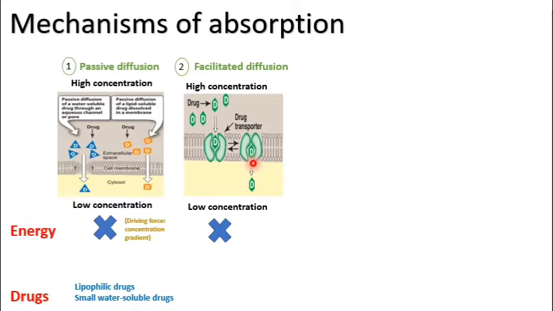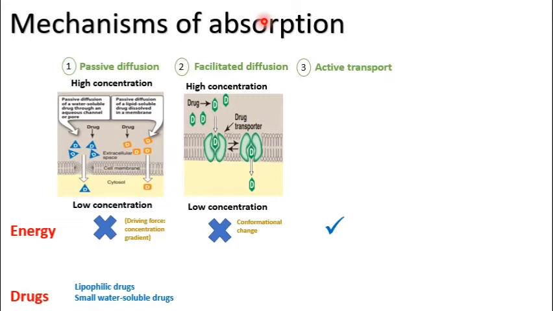What about if our drug concentration outside the cell is less than its concentration inside? Then our drug movement is no more passive. It now needs energy, and that transport is called active transport. This transport also needs a carrier.